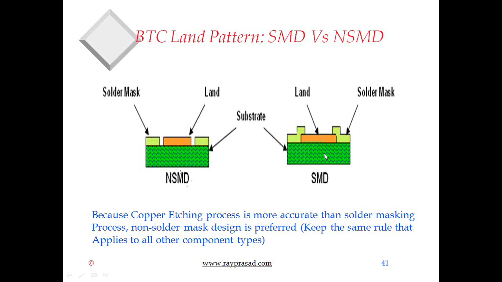And so the one for SMD is not a good idea. Part of the reason is the copper etching process is more accurate, so you will have no chance of the solder mask getting on the pad, whereas the solder masking process is not that accurate.